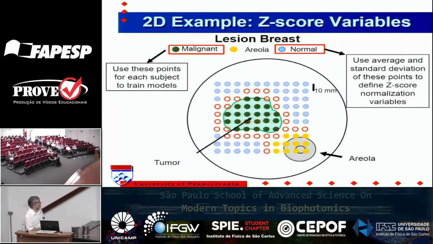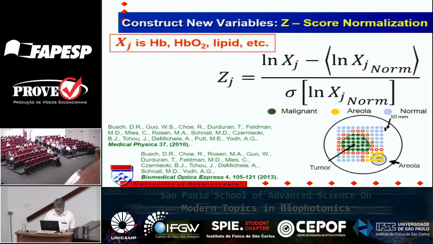So I want to tell you about this new variable, the z-score variable. Before, I told you that we're measuring, say, hemoglobin concentration or oxyhemoglobin concentration. That's what the xj represents here. The z-score variable is just like what you have in regular statistics, except that you take the log of it. Statisticians usually take the log of their variables to reduce the wings, to bring the wings in.